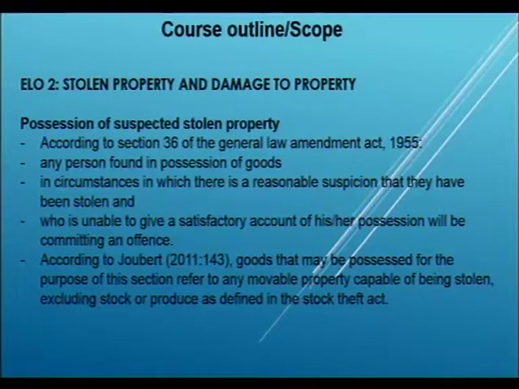According to Joburg, year 2011, page 143, goods that may be possessed for the purpose of this section refer to any movable property capable of being stolen, excluding stock or produce as defined in the Stock Theft Act.